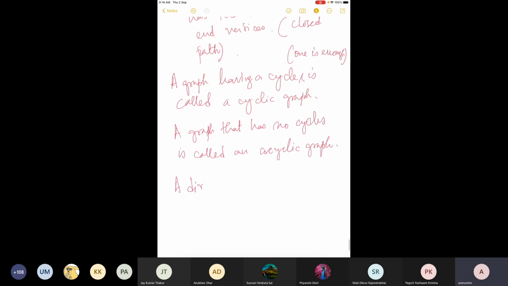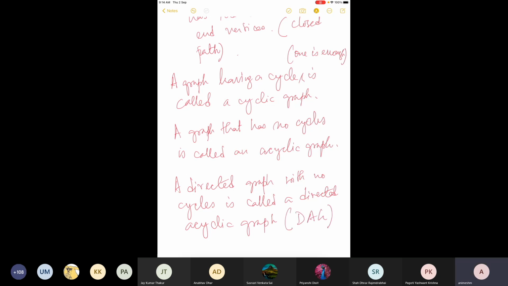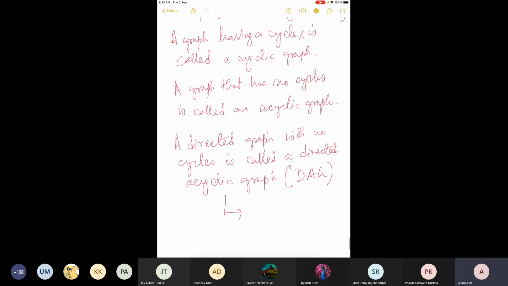A directed graph with no cycles is called a directed acyclic graph, for short known as DAG, and this is a very important construction for many different CS applications.